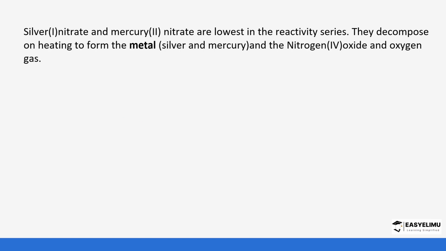As we continue now down the group, you notice we also have silver nitrate, mercury. So for these ones, they usually decompose to form now metals, nitrogen 4 oxide and oxygen. So for example, silver nitrate is going to be heated to produce silver metal plus nitrogen 4 oxide plus oxygen gas. So let's balance this equation.